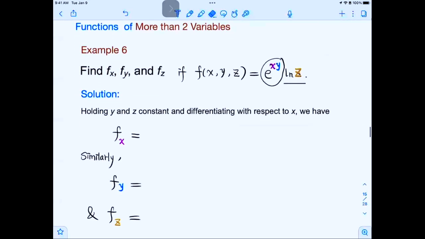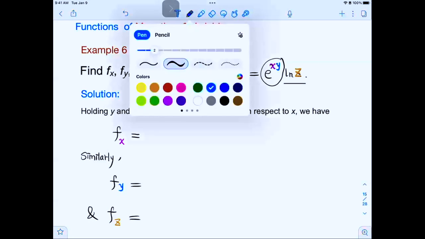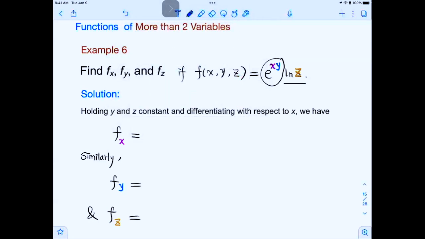Okay, now let's try one example. We have a function of three variables here. Let's find the partial derivative with respect to x. So if you try to find the partial derivative with respect to x, you're going to think about y and z as fixed, right?